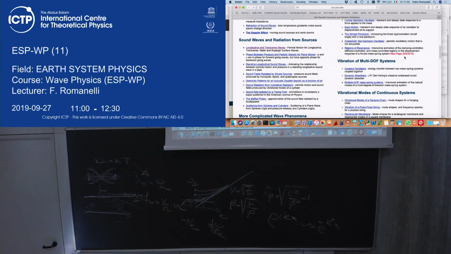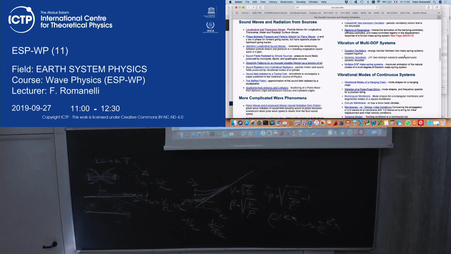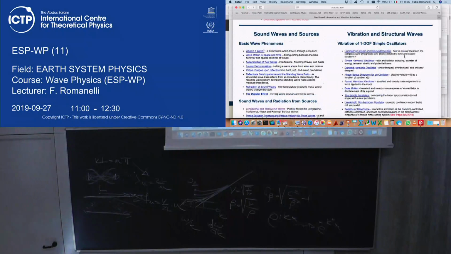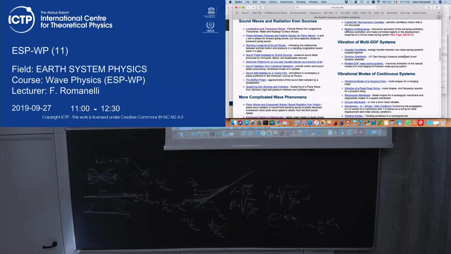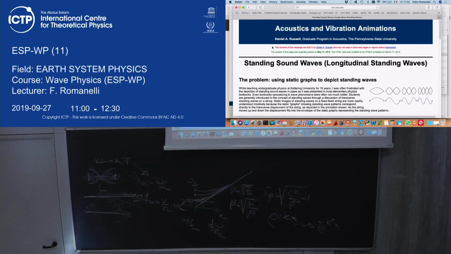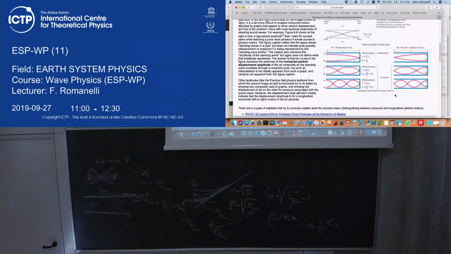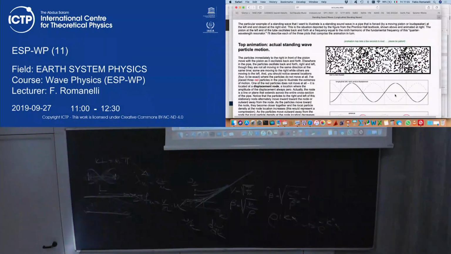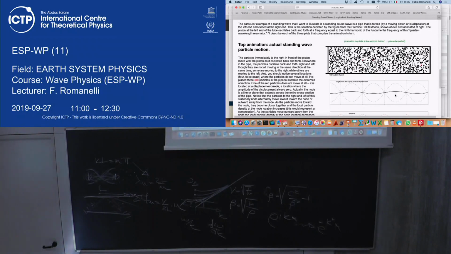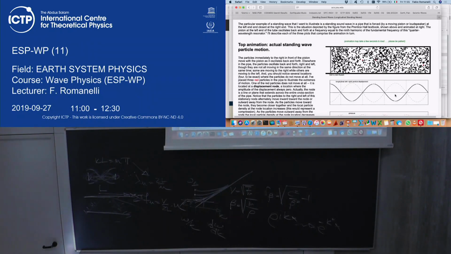Then we considered boundary conditions. Standing. Here it is. We discovered modes. You look at the string here. Plots, remember. It was a boundary condition in a 1D system.